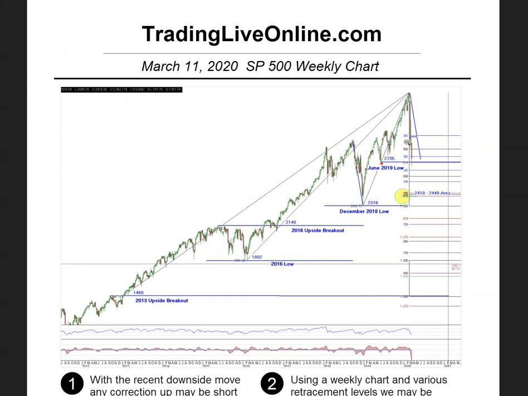So if you find this 0.50 retracement here from the December 2018 low to the 2020 high, and you see that first move to the downside, you'll see that the next bar came up to that 382, which held as a resistance area, and then more downside from there.